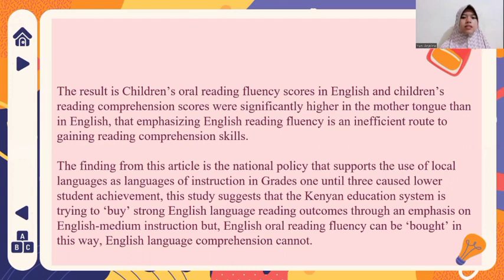This study suggests that the Kenyan education system is trying to buy strong English language reading outcomes through an emphasis on English medium instruction. But English oral reading fluency can be gained in this way, but English language comprehension cannot.